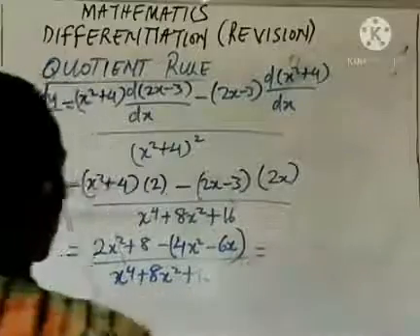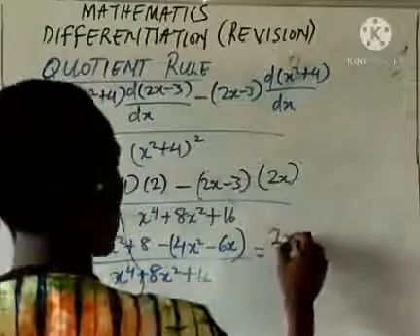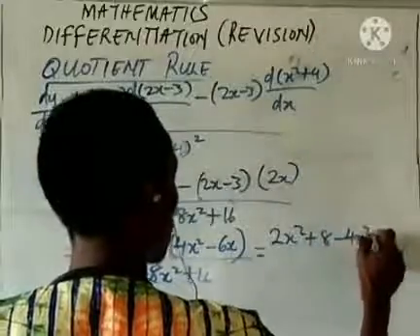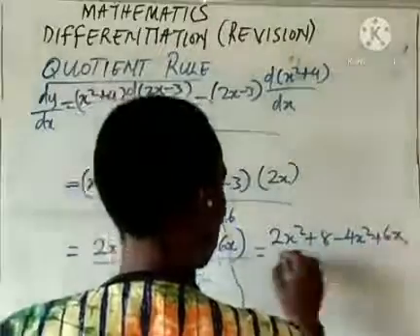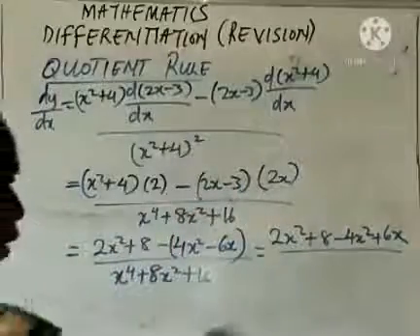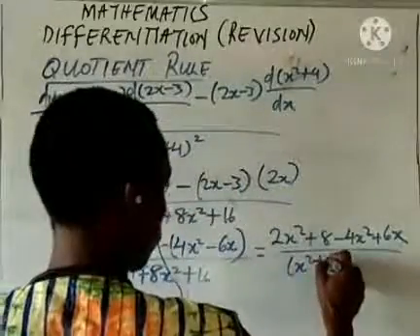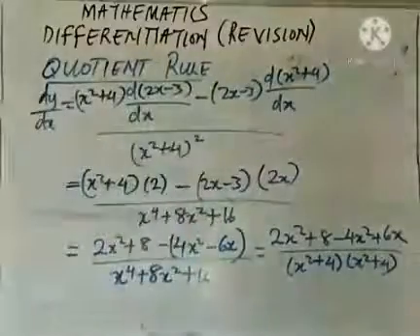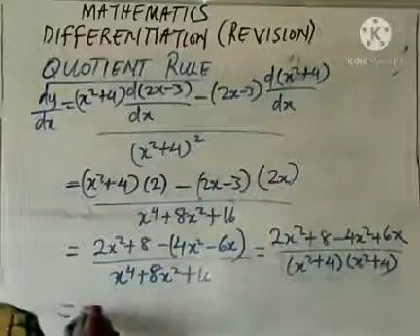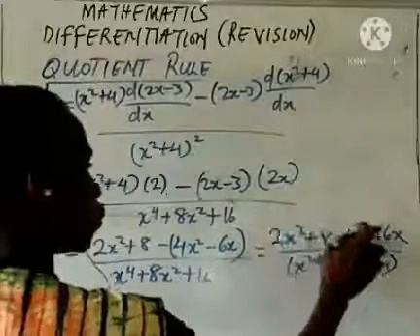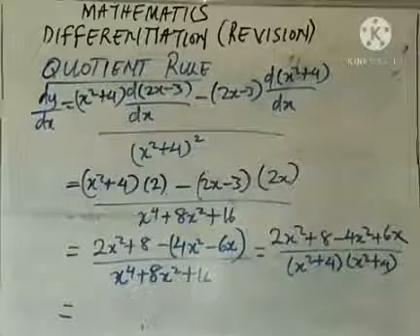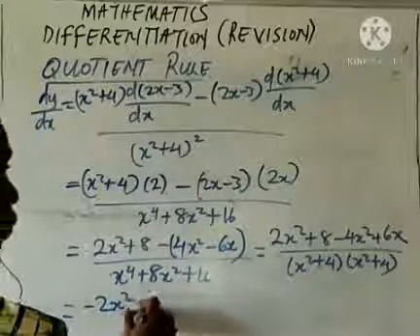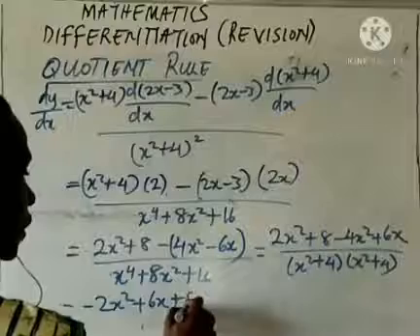And this will result in 2x squared plus 8 minus 4x squared plus 6x, all over x squared plus 4 times x squared plus 4, since we can factorize the denominator back. Then let's see if the numerator is factorizable. We have 2x squared minus 4x squared, that gives me minus 2x squared plus 6x plus 8.